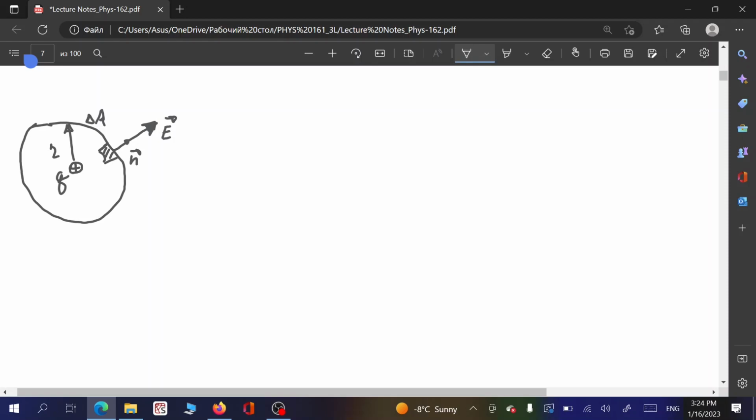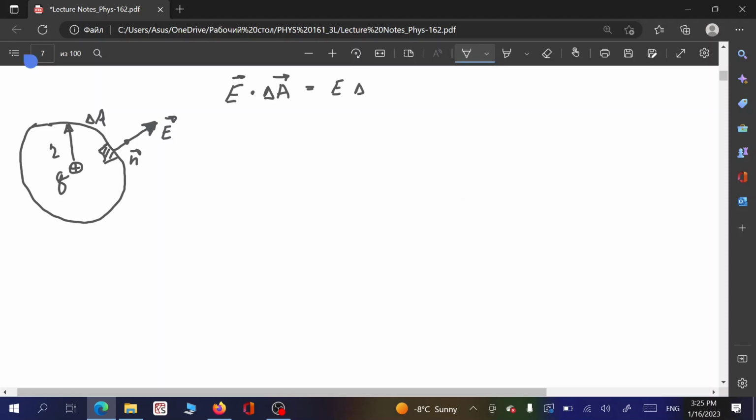So now, taking into account that they are parallel to each other, we can write that E vector dot product delta A vector can be replaced by the product of their magnitudes.